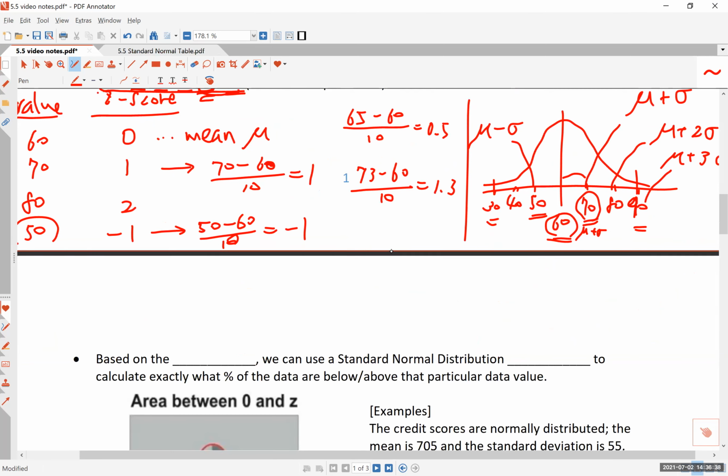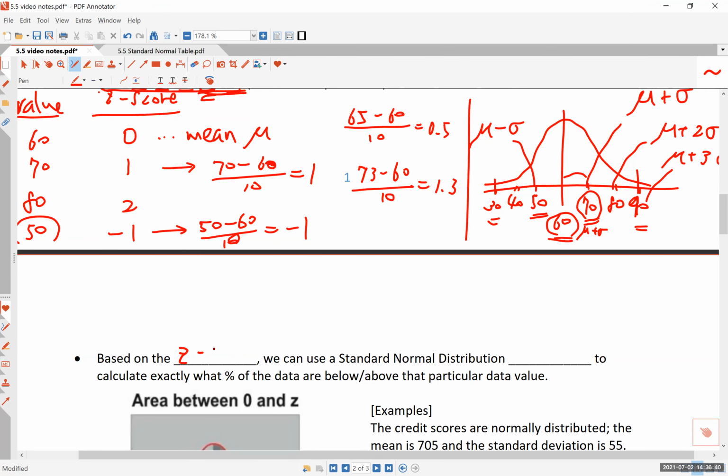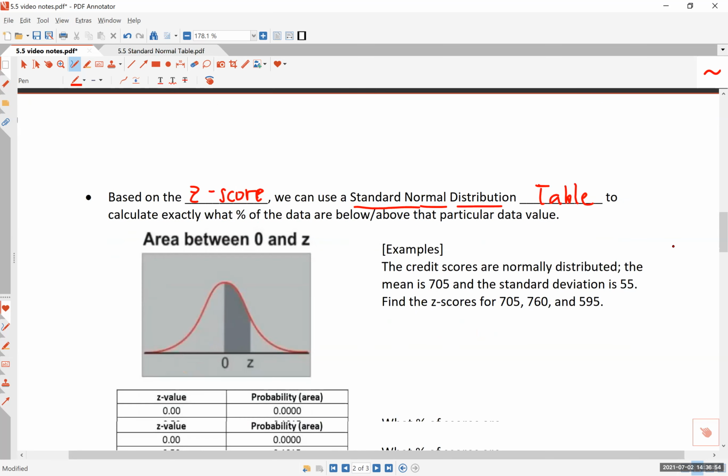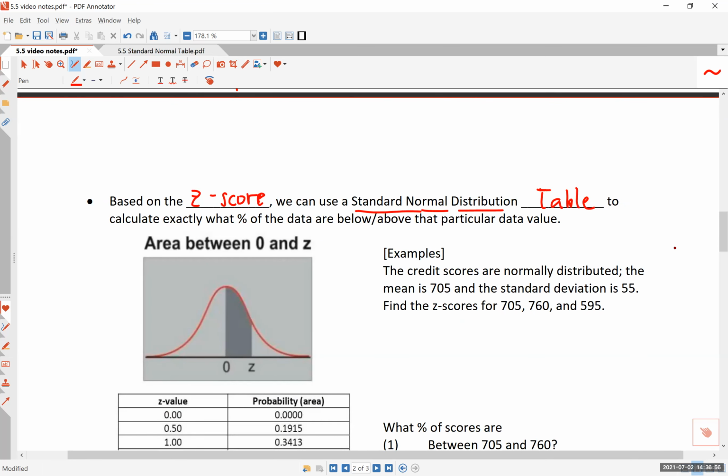Now, here's the important thing. Based on these z-scores, because we know pretty much everything about the standard normal distribution, we can use a standard normal distribution table. I'll show you which one it is. You'll get access to a standard normal distribution table from your Canvas shell and from that module, particularly for section 5.5.